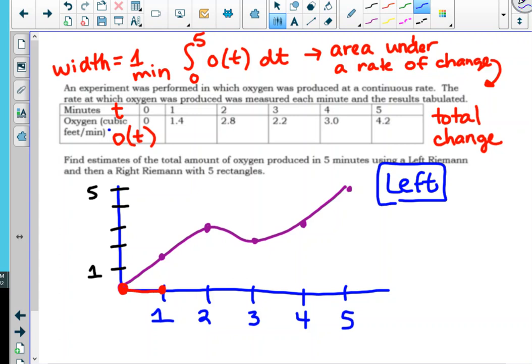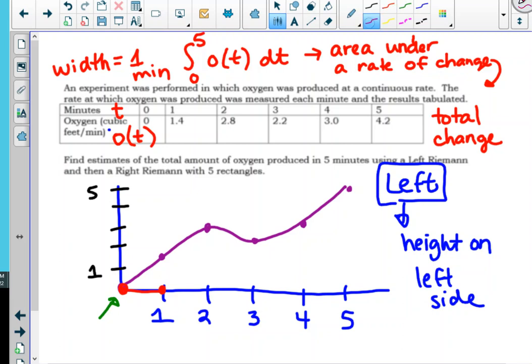The weird thing about this first rectangle is the height: when I do a left Riemann, I have to use the height on the left side of the interval. From 0 to 1, my height would be the height here, which is 0. So from 0 to 1, I'm not going to have a rectangle in this left Riemann process.